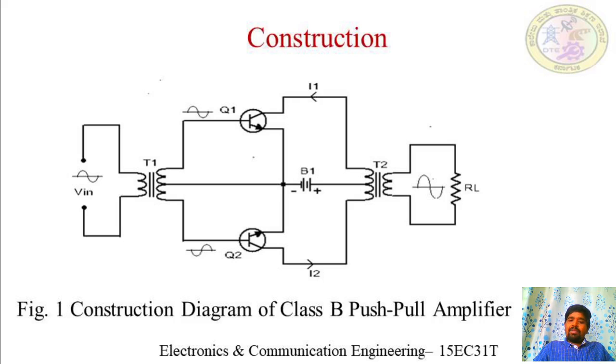The collector terminals of Q1 and Q2 are connected to the respective terminals of the primary windings of the second transformer, and the load is connected to the secondary winding of that transformer.